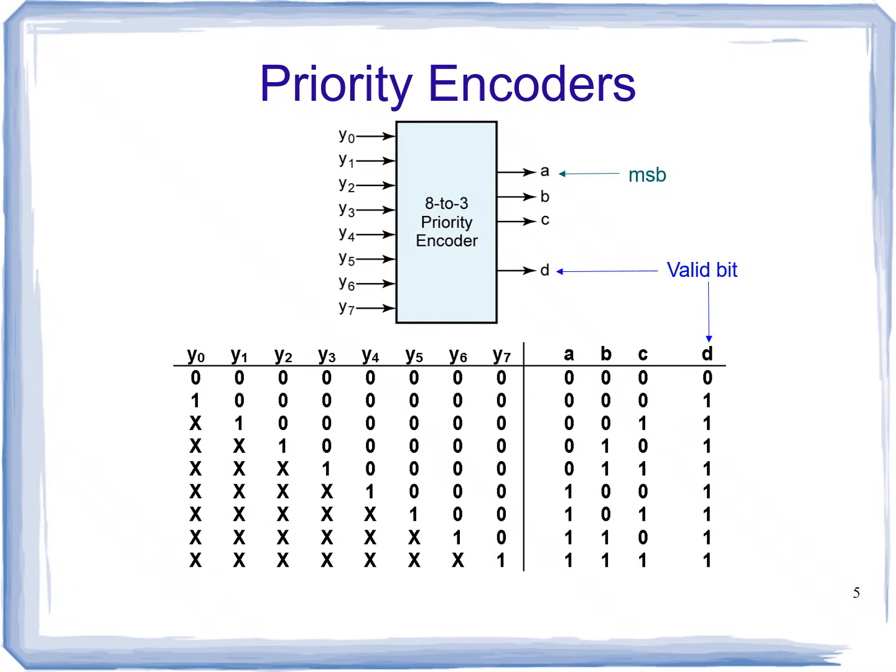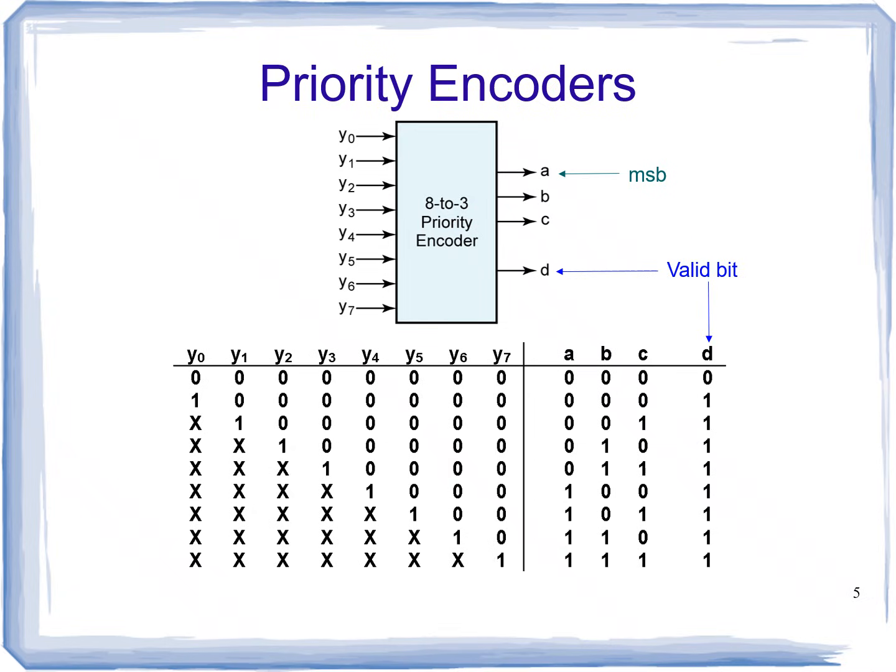The valid bit is denoted by the letter D. If D is high, then more than one bit may be high in the given input. Based on the value of D, it prioritizes the input value and the output will be given based on the priority, as in the truth table.